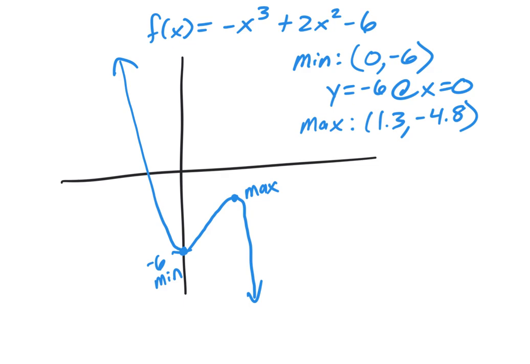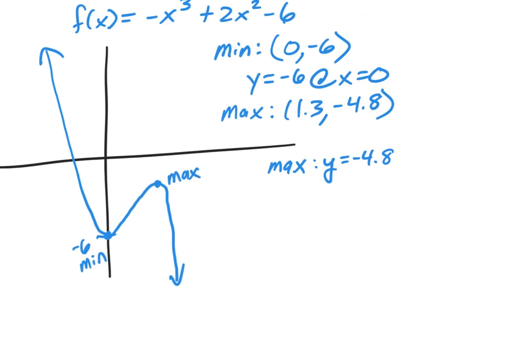I just rounded it to the nearest tenth, which is perfectly fine, okay? A lot of times either the tenth or the hundredth is typically what we'll round. And so here I would say the maximum value is y equals -4.8 at x equals 1.3.